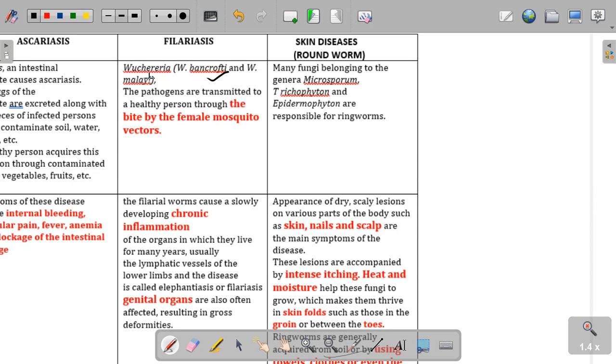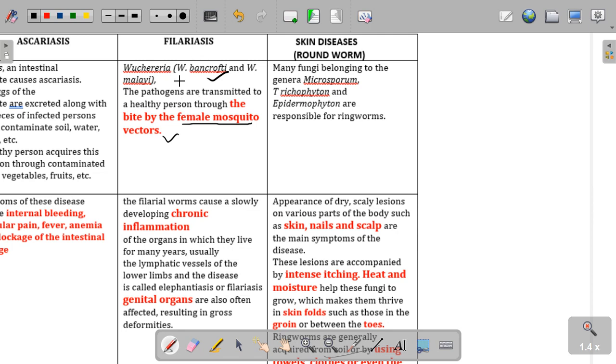The pathogens are transmitted to a healthy person through the bite of a female mosquito. Remember, the mosquito is responsible for transmitting the malarial disease causing organism called Plasmodium, and in the same way the female mosquito is even transmitting another disease called filariasis or filaria.